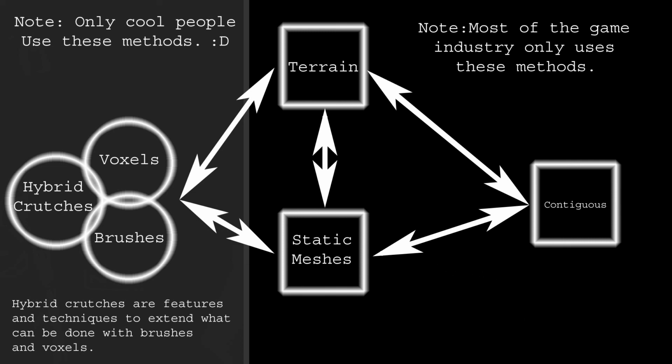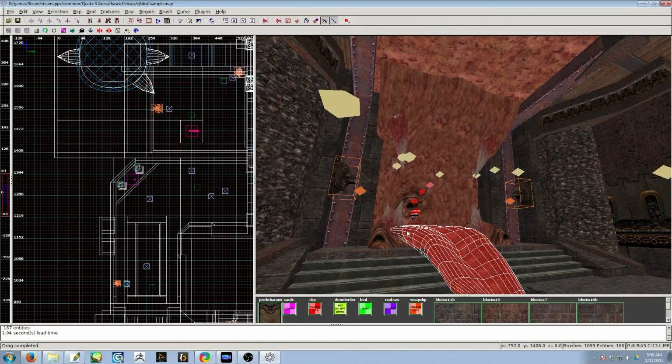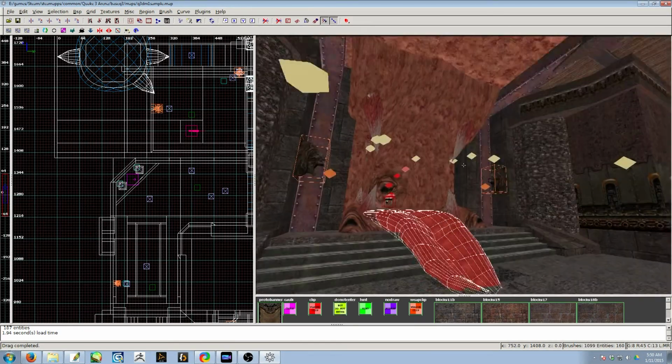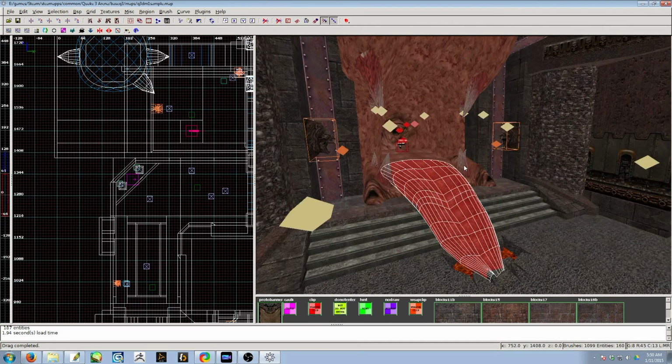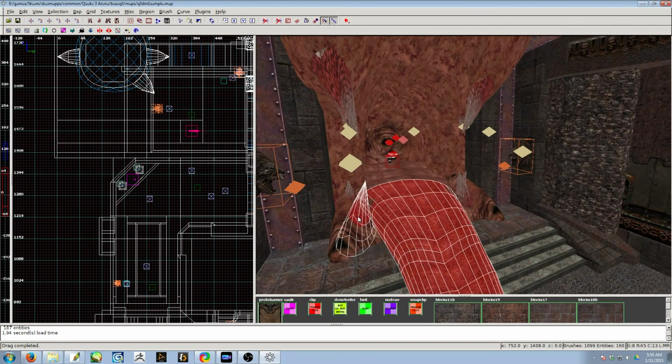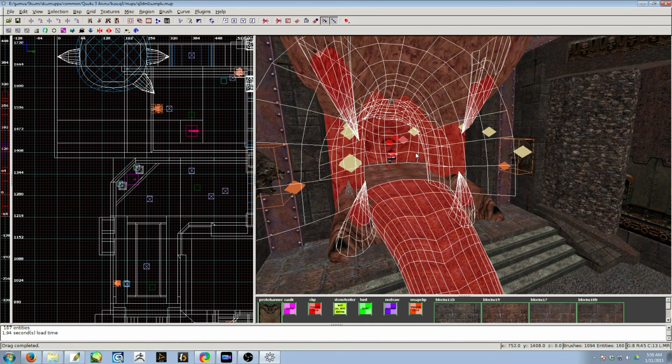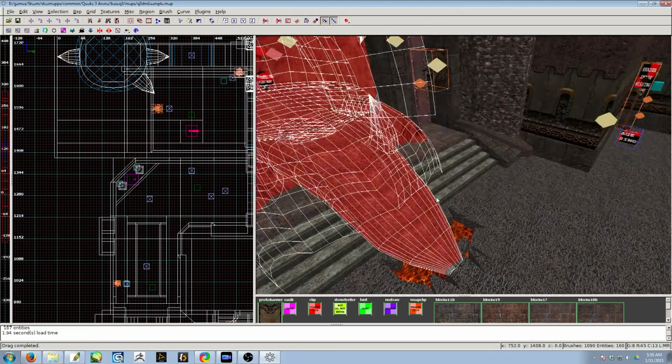The first example of this was Quake 3 with patches. The original screenshots of Quake 3 showed off architectural technology that would be so hard to do with brushes. People would post, OMG, OMG, OMG. No way. How did they do that?